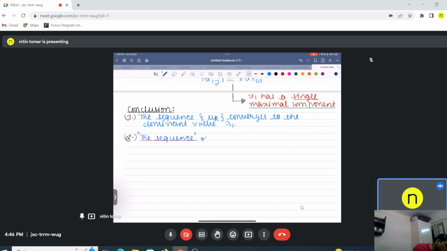The sequence of vectors x superscript k converges to an eigenvector corresponding to the dominant eigenvalue lambda 1.